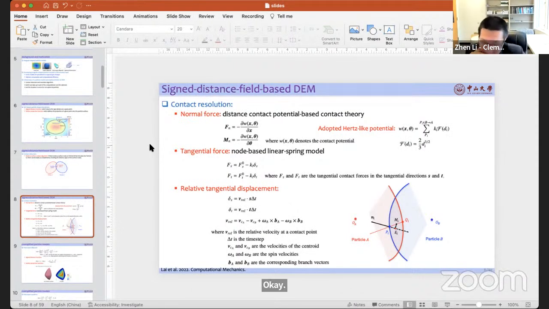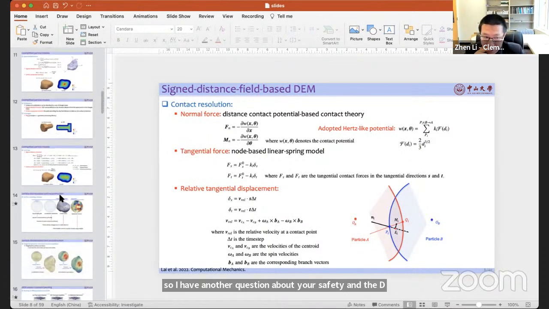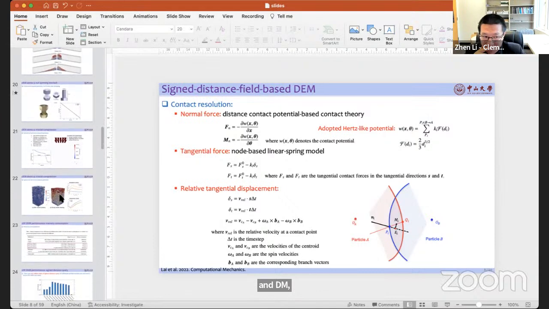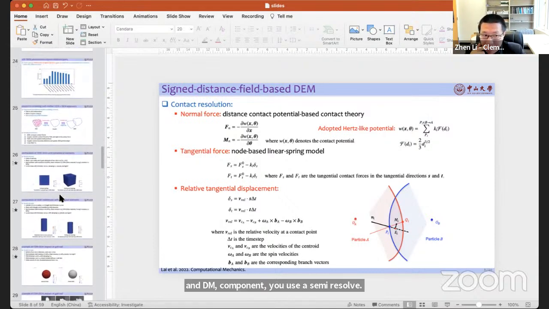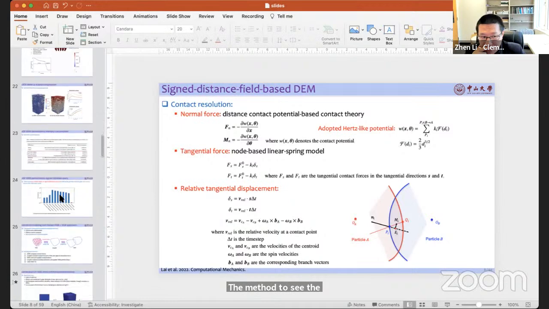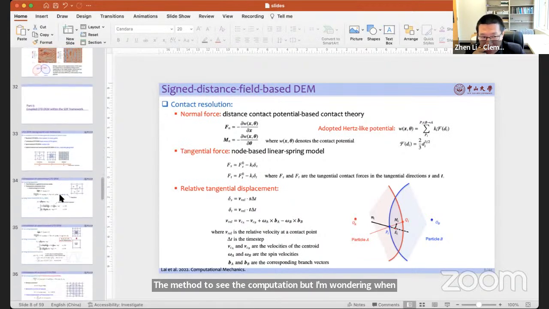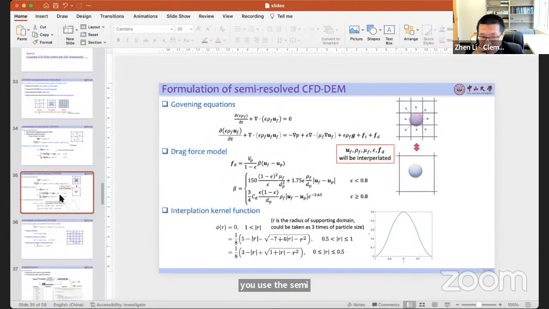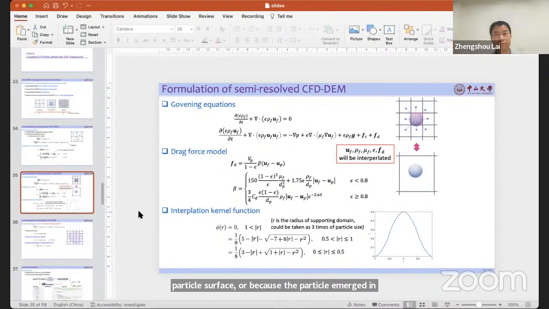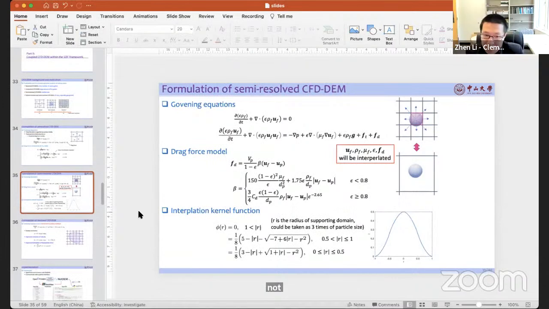Okay. So I have another question about your CFD and DEM coupling. You use a semi-resolved method to speed up the computation, but I'm wondering, when you use the semi-resolved particle, how can you define the no-slip boundary condition on the particle surface? Because the particle immersed in the fluid is not just a force term. This particle will also affect the flow direction because of the no-slip boundary condition.